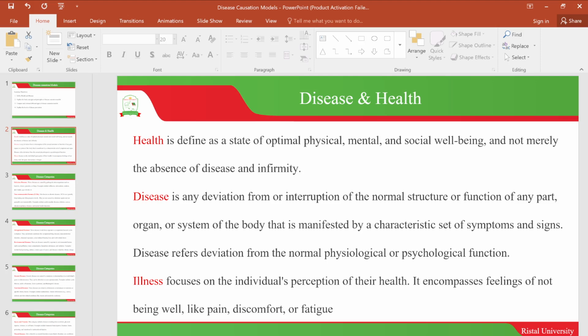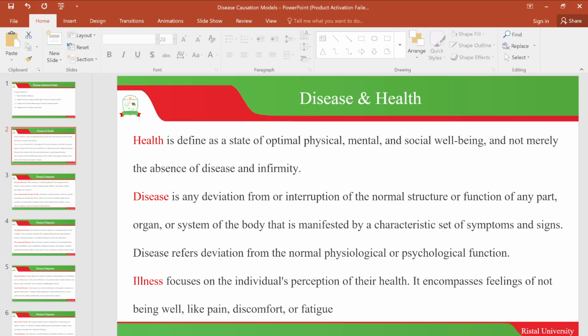Okay, so it can be accompanied with a number of discomforts that you can be experiencing. It could be pain, it could be that you are fatigued, it could be different things that you can be experiencing.